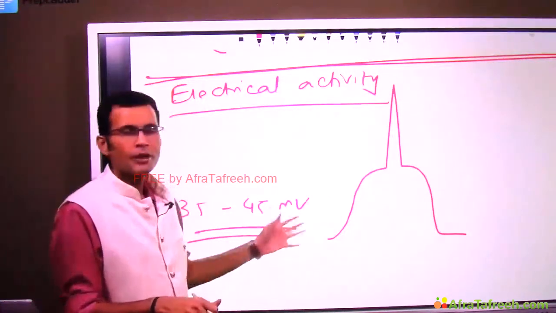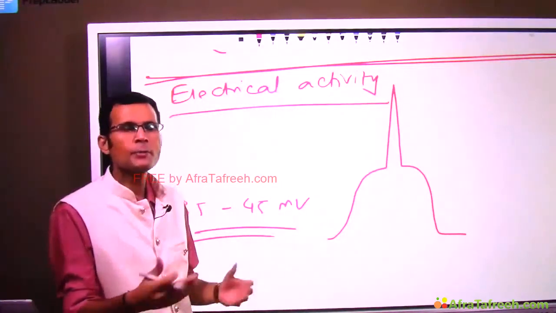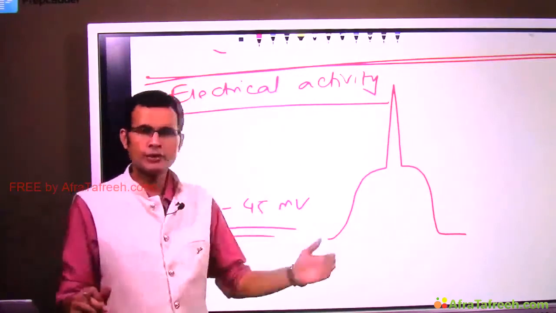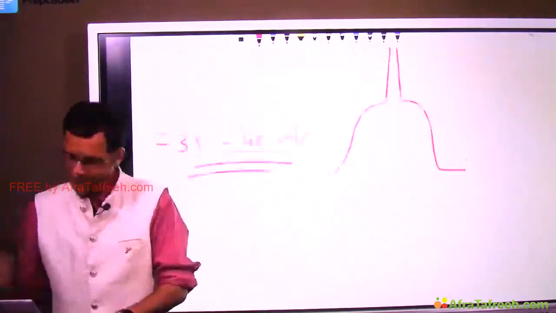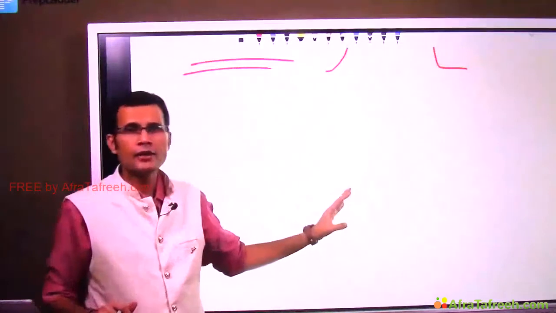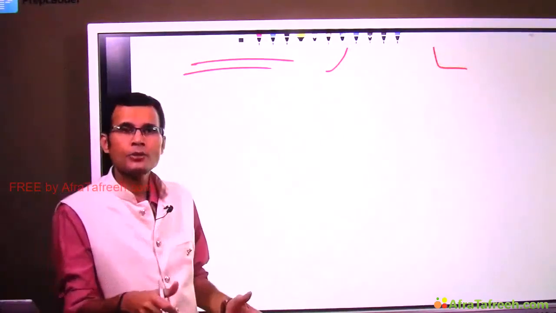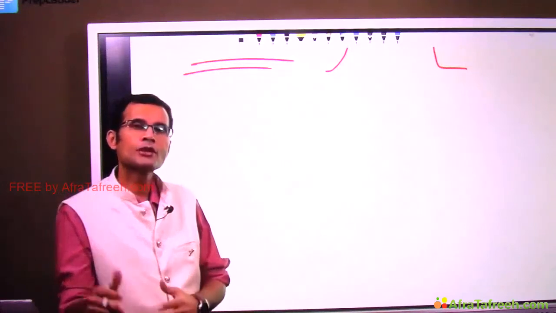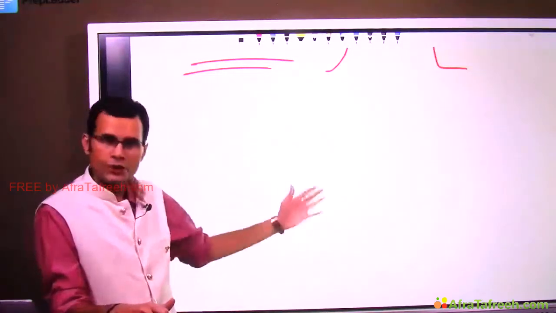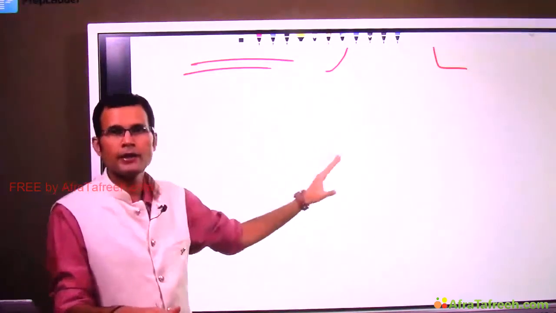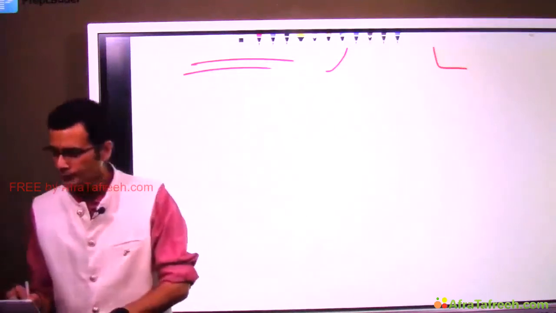This goes on happening with a certain frequency, which is called the basal electrical rhythm, which we will discuss in the GIT. So you can note that the action potential in the case of nerve or muscle was different, and here it is in this manner, this for the smooth muscle.